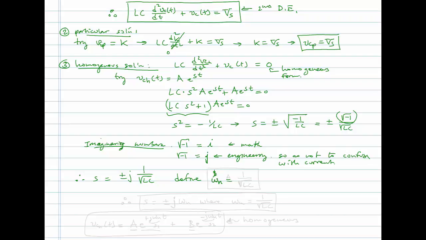This will become apparent eventually, but we will define this omega n as being 1 over the square root of LC. Therefore, s is plus or minus j times omega n, where omega n is equal to 1 over square root of LC.